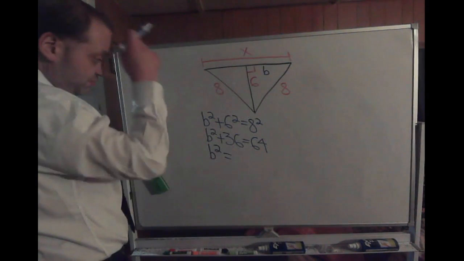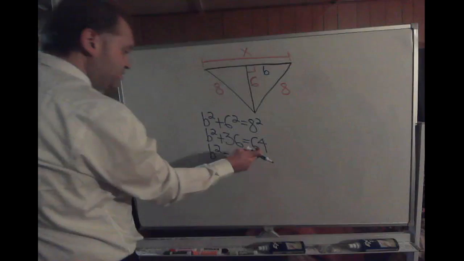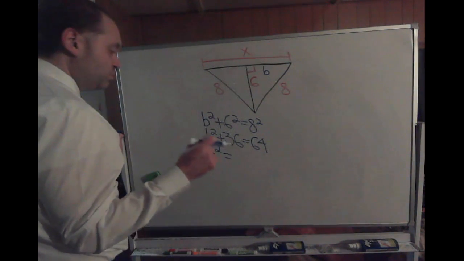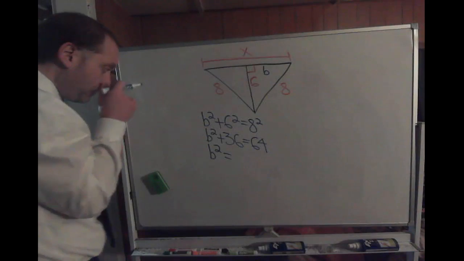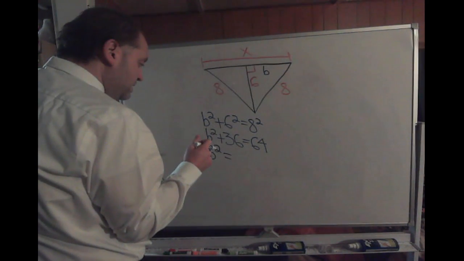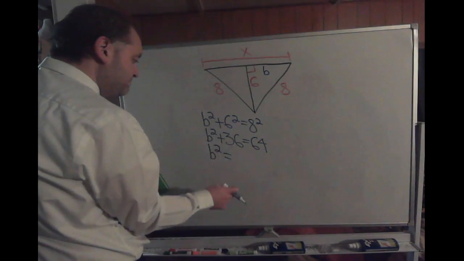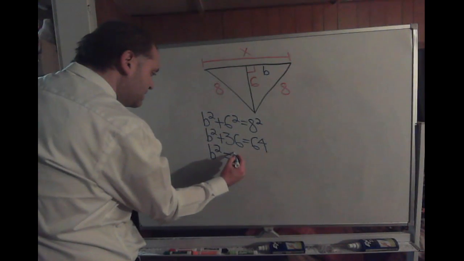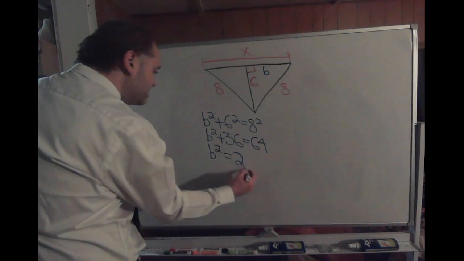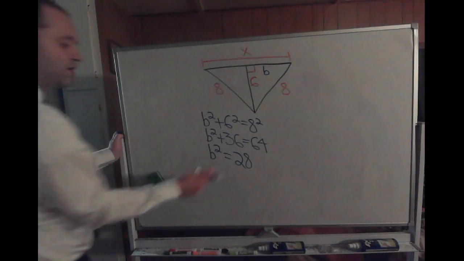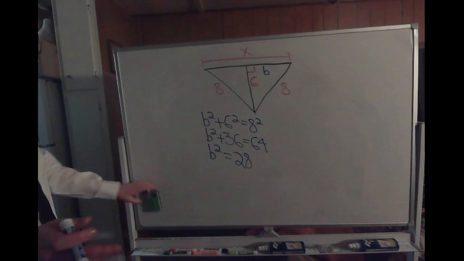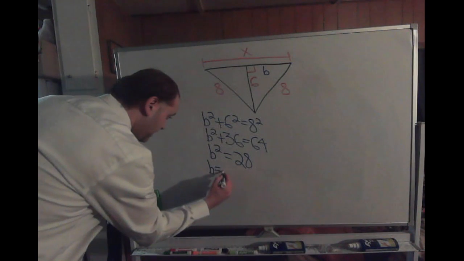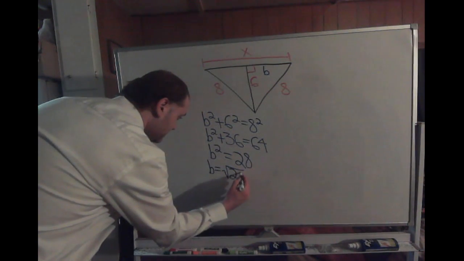So what is, see, so 64 minus 36 is what? It's going to be what? That should be 28 if I'm not mistaken. Yeah, that would be 28. Okay, so B squared is equal to 28. Well, that means B is equal to positive square root of 28.